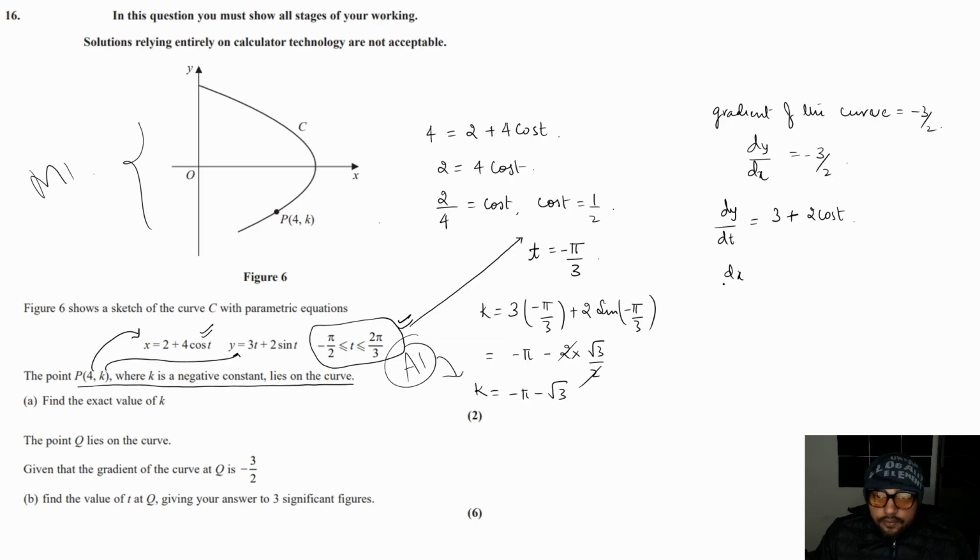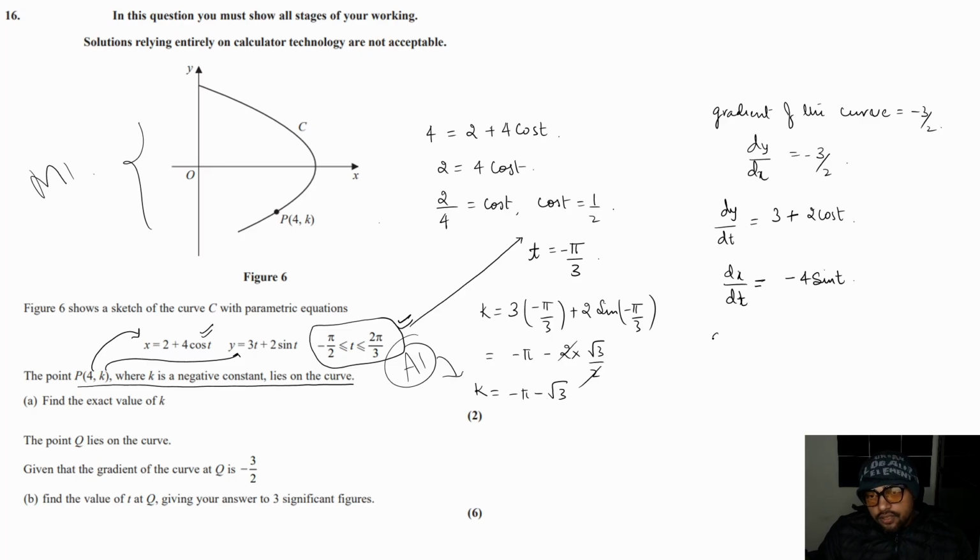Similarly, dx by dt. I have even made a special series for the concept of differentiation, you can find that too in my channel. And dx by dt: the differentiation of a constant will be 0, and for this it will be negative of 4 sin t.